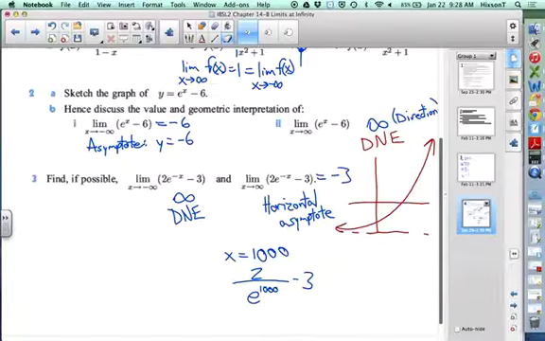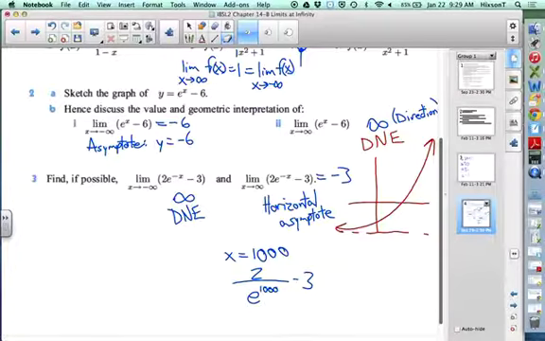It also occurred here on 3, the first part. The limit as x approaches negative infinity of 2e to the negative x minus 3. Okay. So you see our answers here. The sketch is over here.